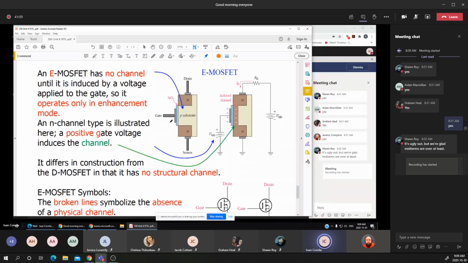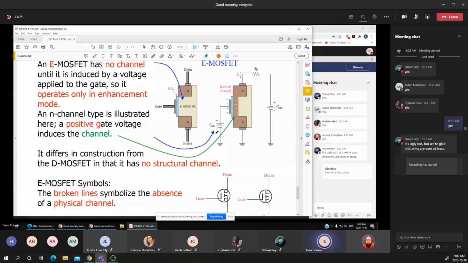When there is no voltage applied on the gate, you notice that there are no carriers that can be used to have the current or to create the channel between the drain and the source.